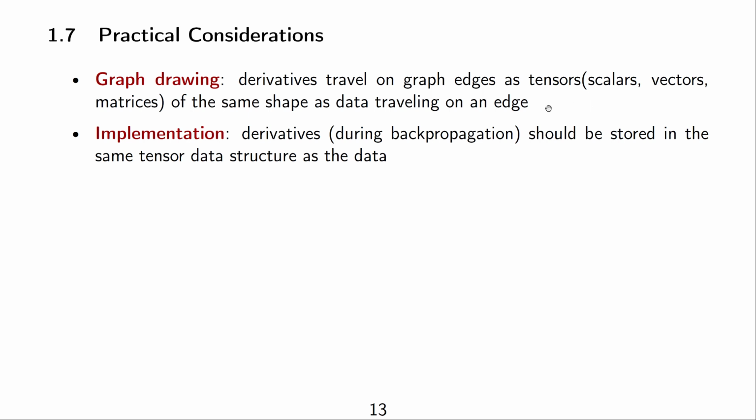The derivatives will not be shown in some sort of a transposed fashion. They will just be of the same size, and we will make the dimensions match up in such a way that if there's a vector traveling and this is a column vector, then the derivative or the gradient of that will be shown using the same dimensions.